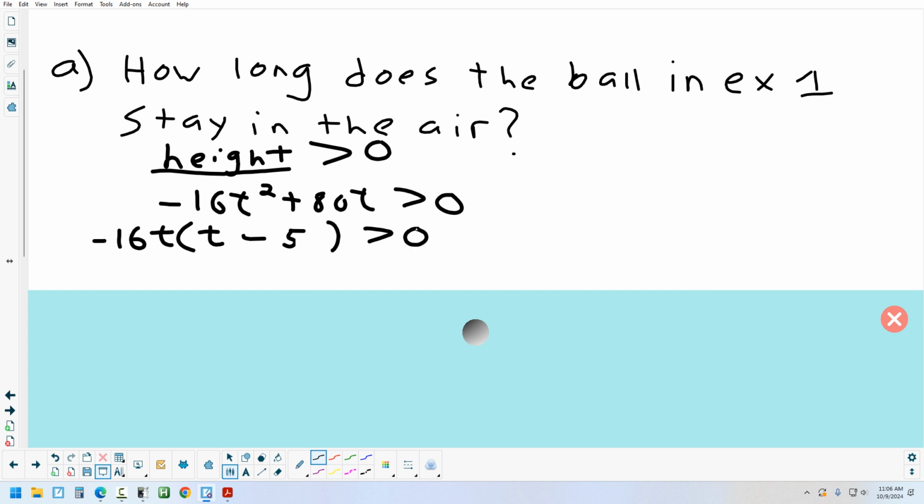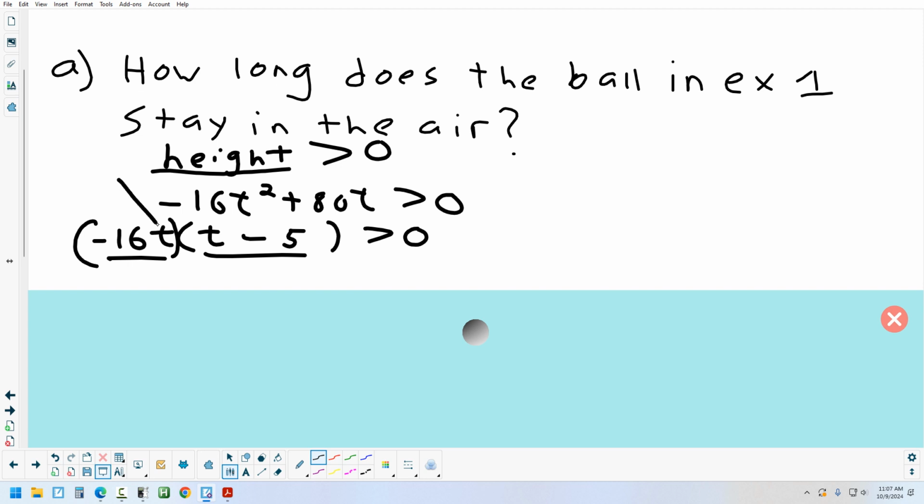Okay, so now look at what's happening here. You've got 2 factors. That's the first factor. That's the second factor. What did we say earlier about t when we set up the window? What's the smallest amount of time that can go by in this problem? 0 seconds. So can t ever be a negative number? No. So if t is not a negative number, then t is going to be a positive number.